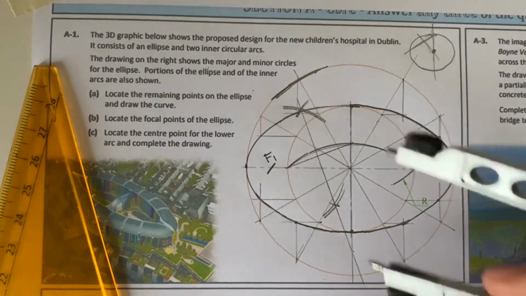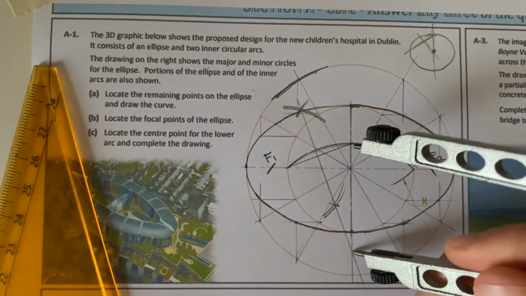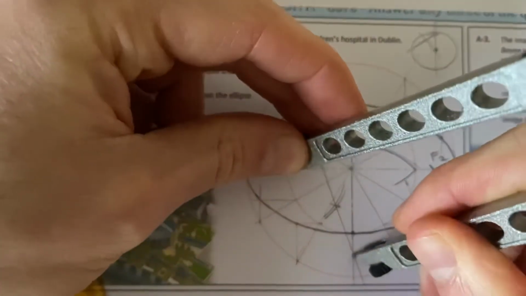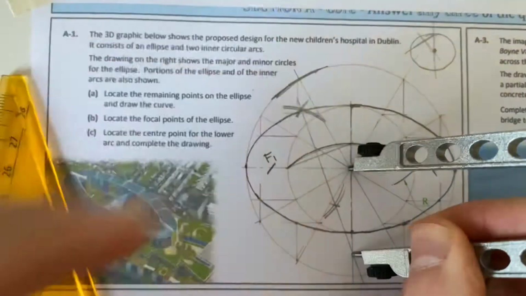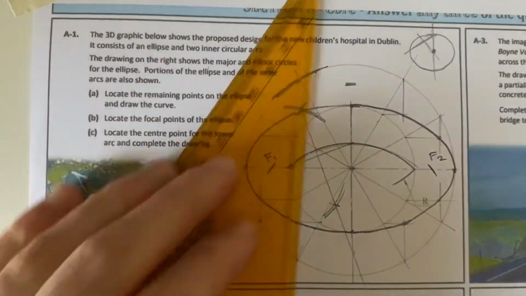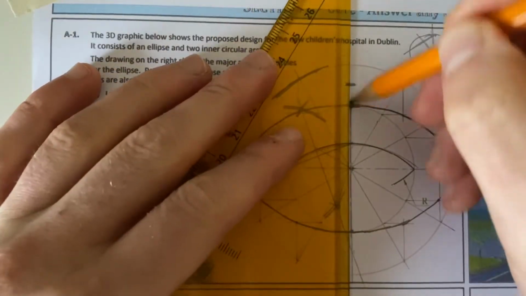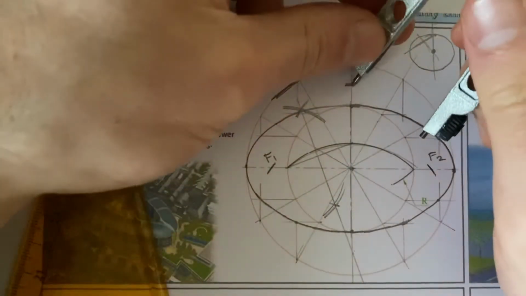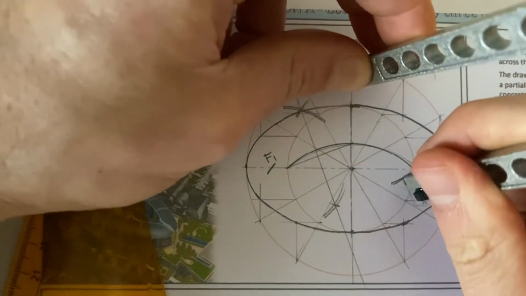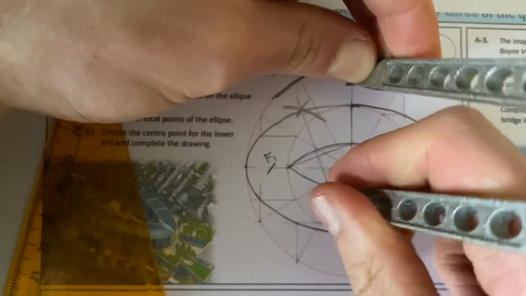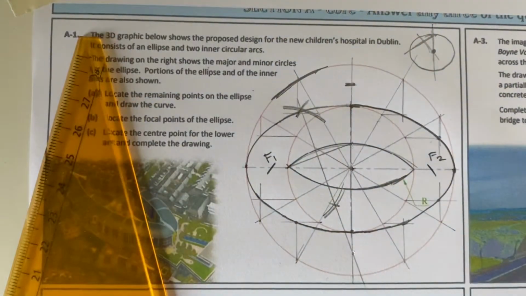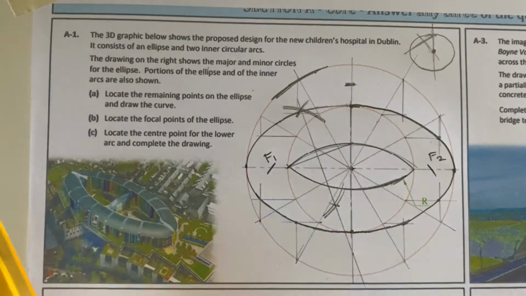What I need to do is take that radius there, take that distance there and step it up the opposite side, because I'm swinging the one below. And now I can stretch my compass out to there and draw in my arc there, which completes the question.